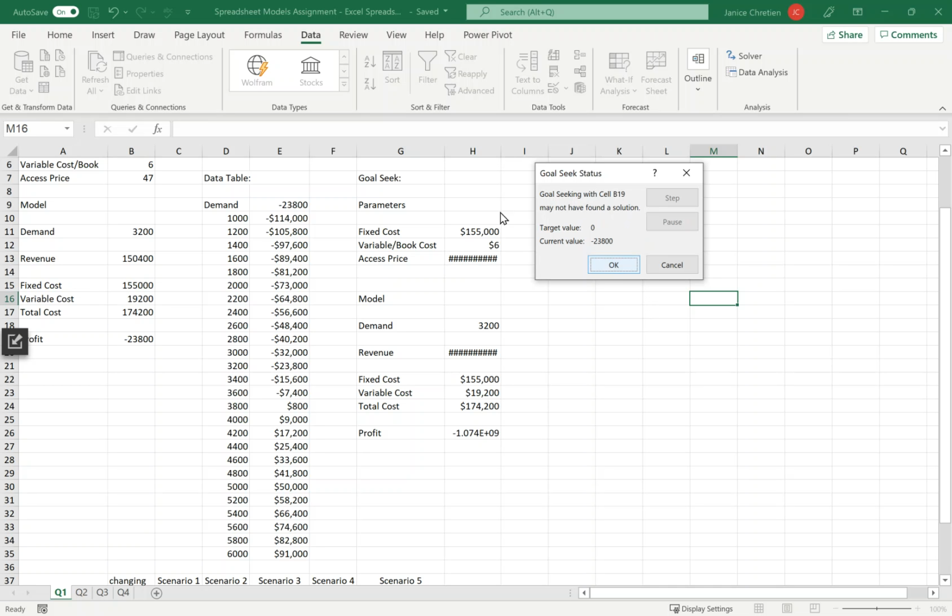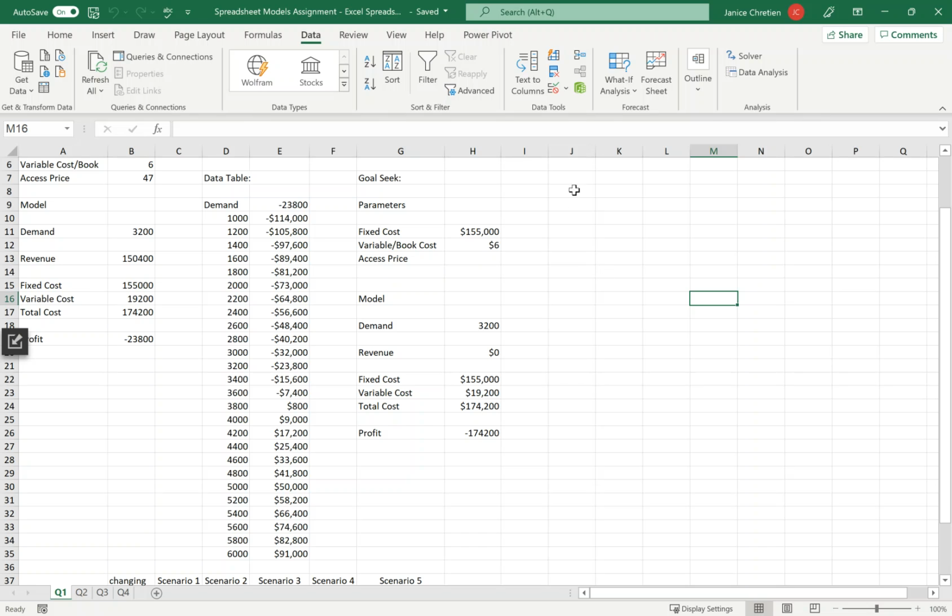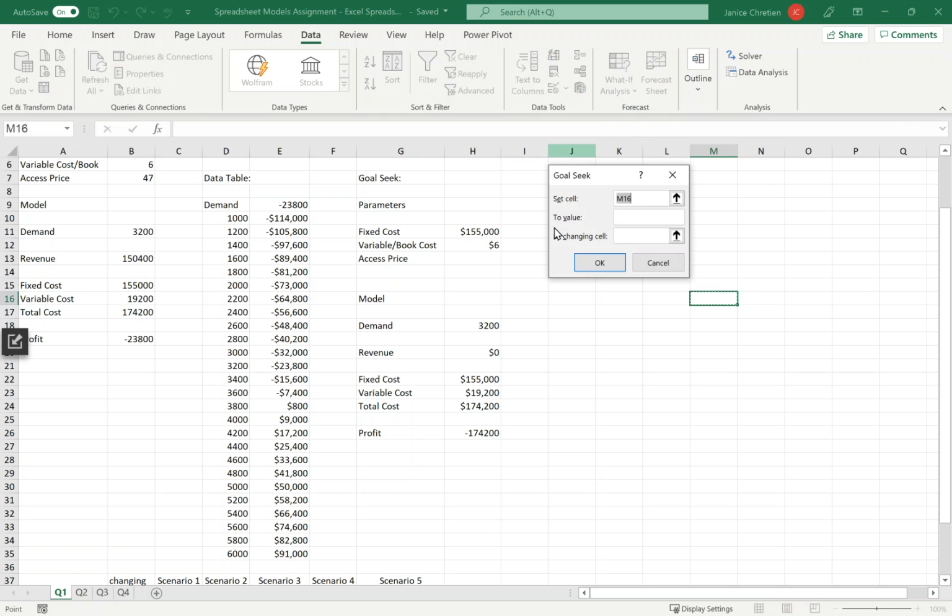Oops. That isn't right. Let me do that again. What if analysis, goal seek, my set cell is profit. Sorry, it needed to be this profit to value 0 by changing cell access price.